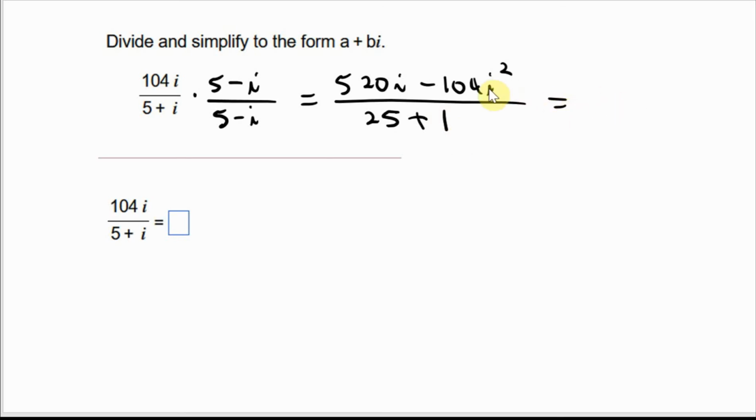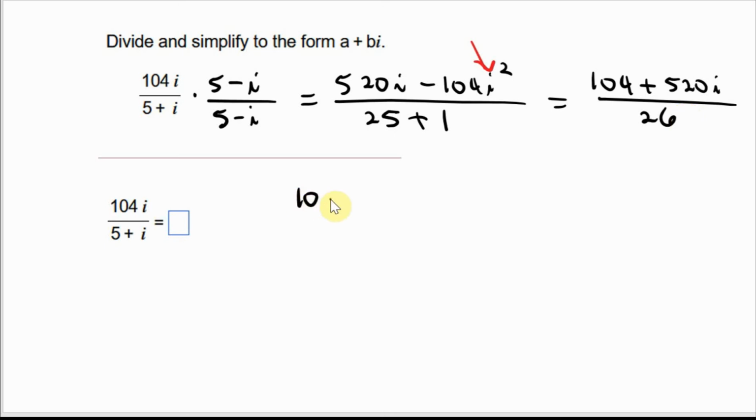So now that i squared here just becomes negative 1. So it's going to be negative times a negative. So we get 104 positive, right? Plus 520i all over 26. And on your calculator, you can simplify that.